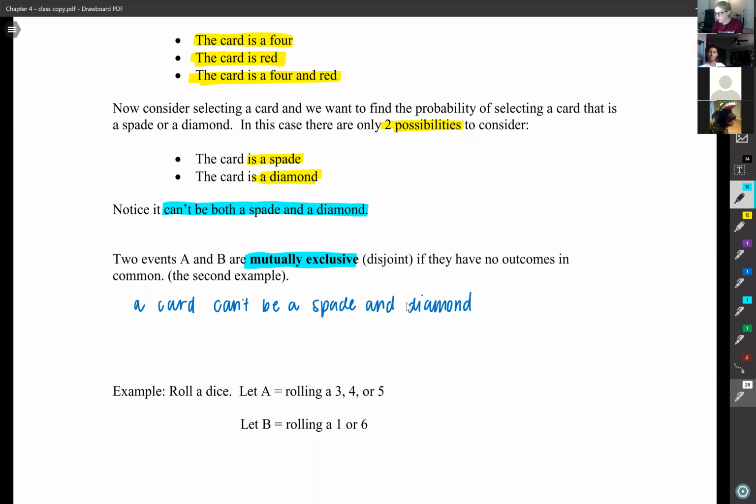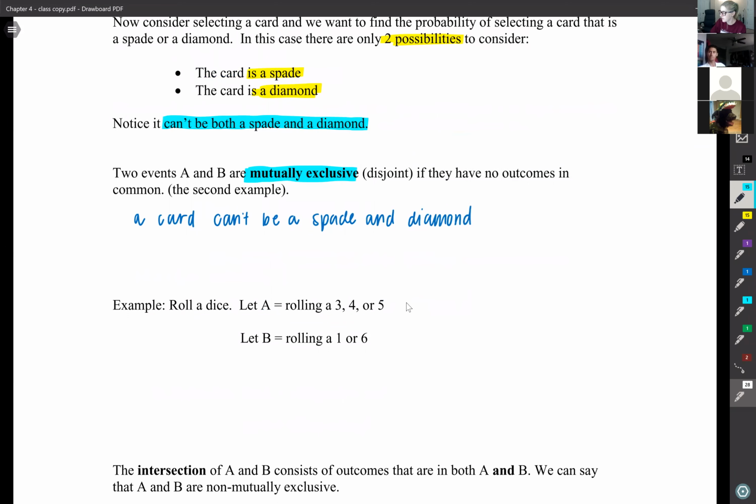All right, let's look at this example. So this example is rolling a die. An event A is rolling a 3, 4, or 5. And event B is rolling a 1 or a 6. So we would say that these are mutually exclusive because nothing in them is the same. So in event B, it's a 1 or a 6, and in A, it's a 3, 4, or 5.